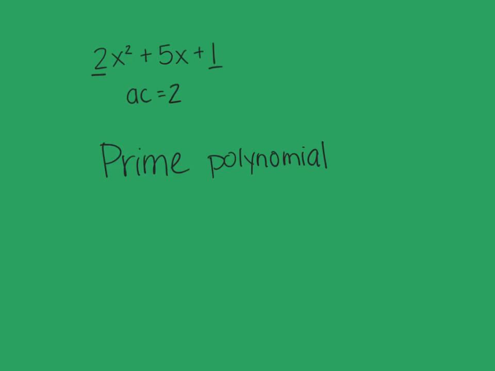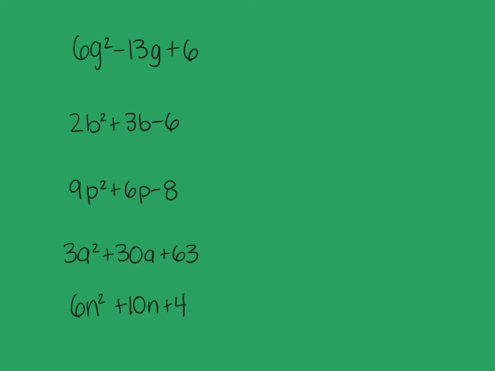It's the same idea. This polynomial cannot be divided by anything else. So we can't go backwards to the multiplication problem. We can't divide it by anything, so it's prime. So on the rest of the problems, if you get any numbers that multiply to AC but don't add to B, then you can just say it's a prime polynomial.